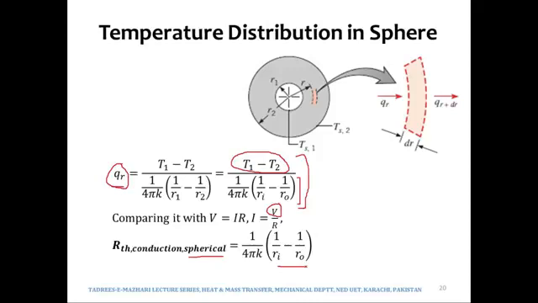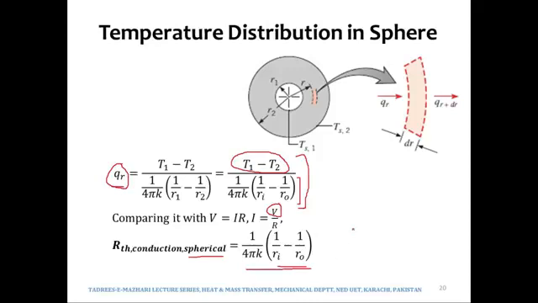In case of Cartesian coordinate system, the conductive resistance is L over kA or delta x over kA. In case of a cylindrical coordinate system, the conductive resistance is given as log of outer radius over inner radius divided by 2 pi kL. Whereas in case of a spherical coordinate system, the thermal conductive resistance is given as 1 over 4 pi k times 1 over Ri minus 1 over R0.